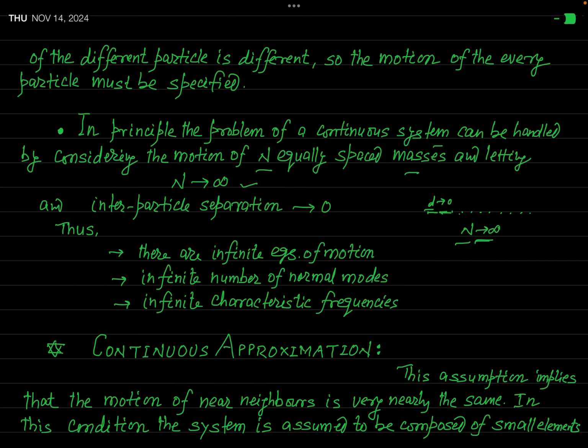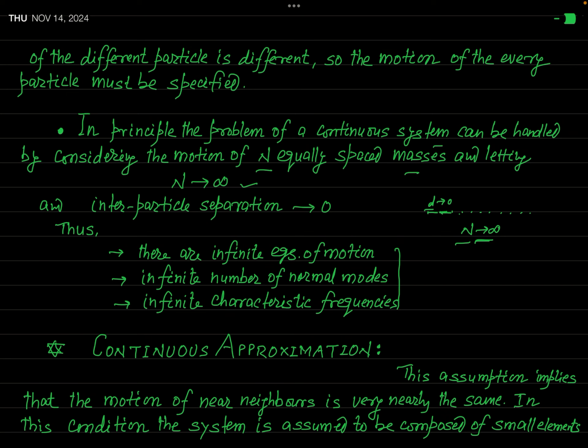Okay? What is needed actually is now a new point of view, and this new method of attack is called continuous approximation. Okay? So for getting rid of this awkward situation of solving the infinite number of equations, we will actually follow an approximate method, okay, to solve such problems.